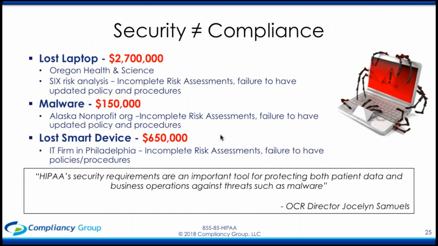Now, to give you a couple of real world examples, we have a lost laptop. This was Oregon Health. They were not fined for their lost laptop, whether it was secure or not secure or encrypted. The issue was when they were asked to provide proof of what they had done, they did come back and say they had done a security risk assessment every year going back 6 years, which is great. But the government said, what about the rest of the audits?